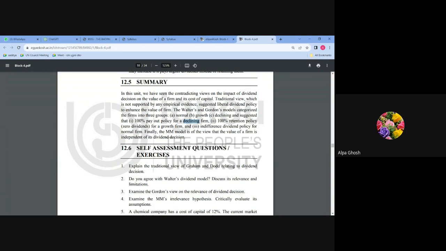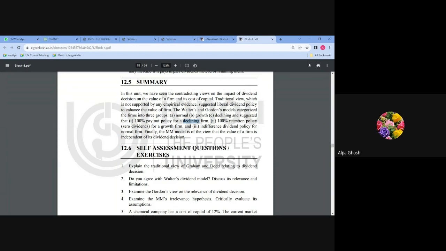When we talk about the normal stage, if you apply more, you may get more returns, or there is also a chance that you may not get more returns. So in such a situation, it is the decision of the board, the management, to decide whether they are going to go for more retained earnings or pay it in the form of dividend.